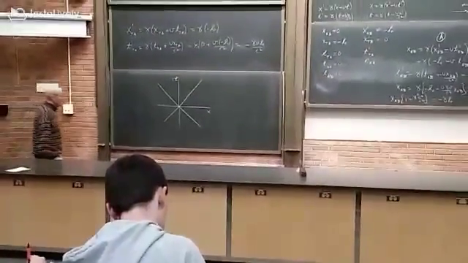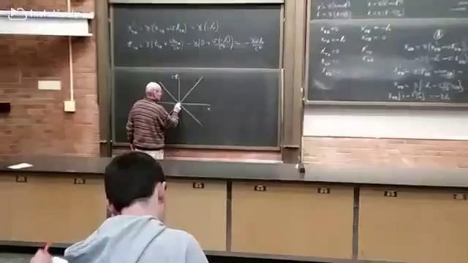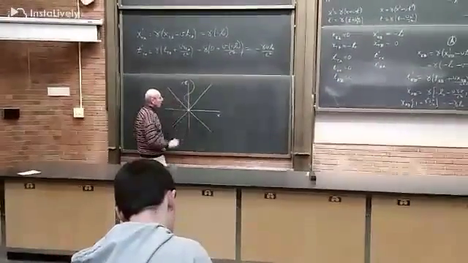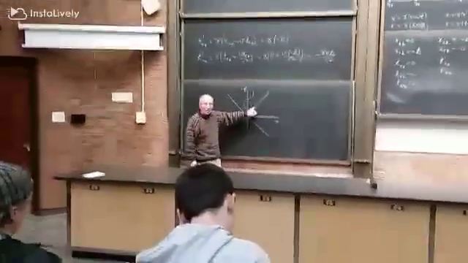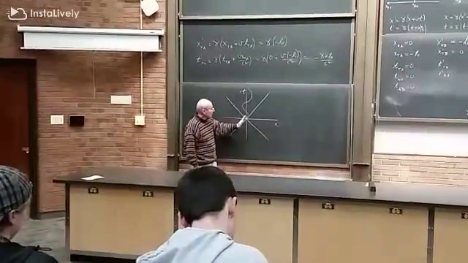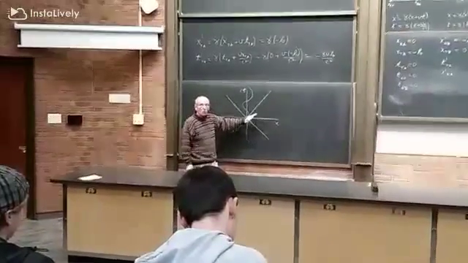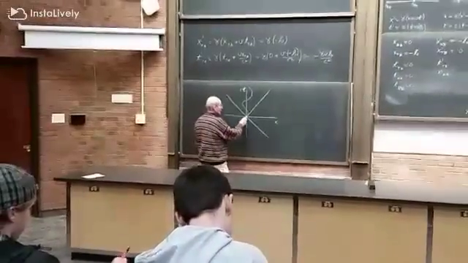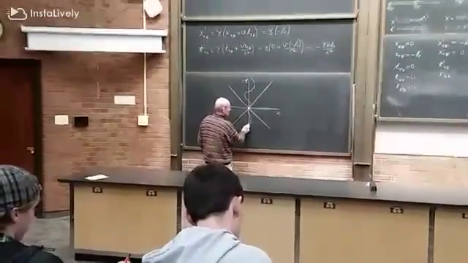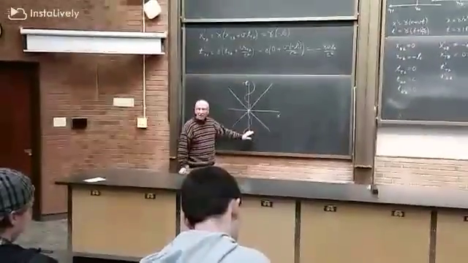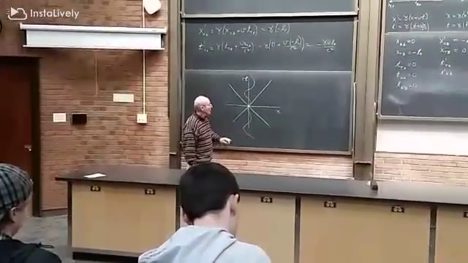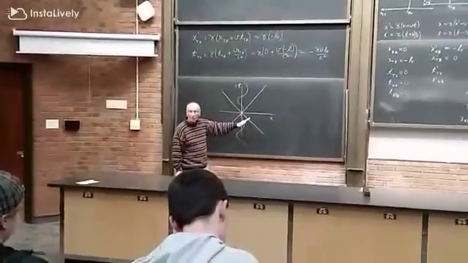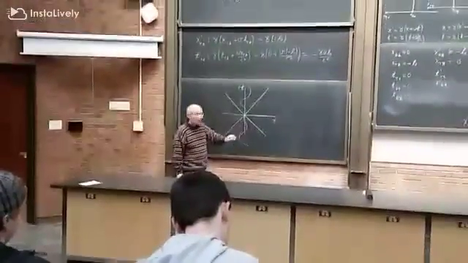Well, they always go through the origin, that's where we started. But they must always go forward in time, and they have to stay inside this cone, because to get outside the cone would require you to be traveling faster than the speed of light. To get to here, you could have followed any path you want, provided you stayed inside the cone and never had a slope that got you outside the cone.